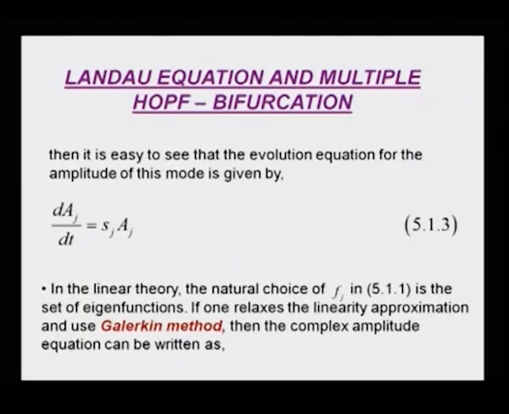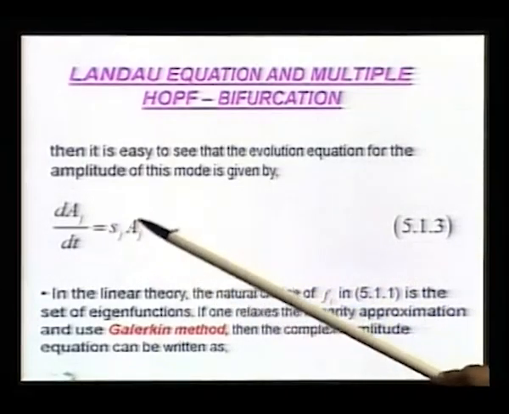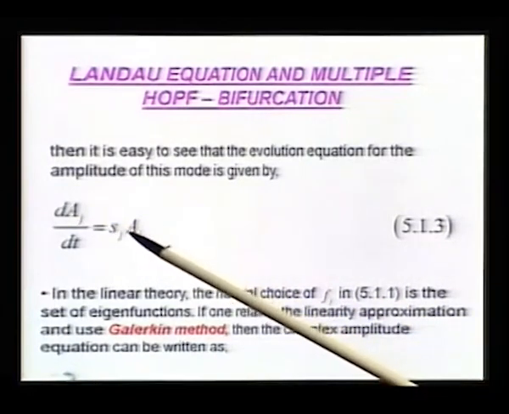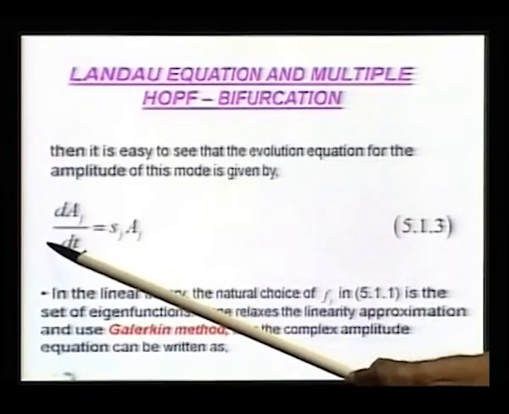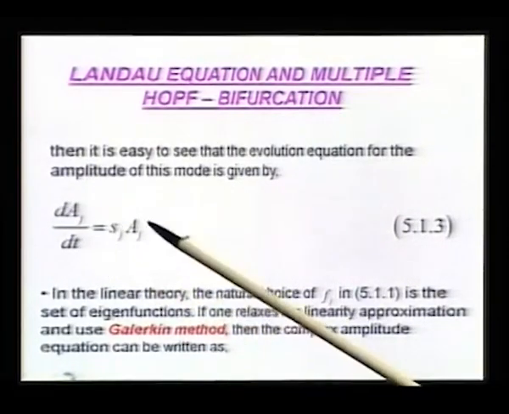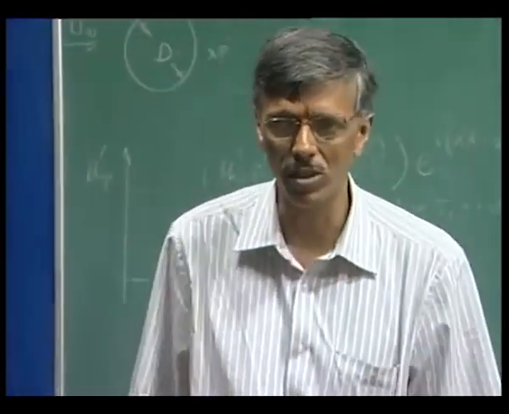That's what your equation 3 looks like, right? This is pretty much a consequence of linear instability, right? So what is it actually? If I put a_j on the left hand side, I'm going to get d/dt of ln a_j is equal to s_j. So s_j is some kind of an exponent of the growth, right?